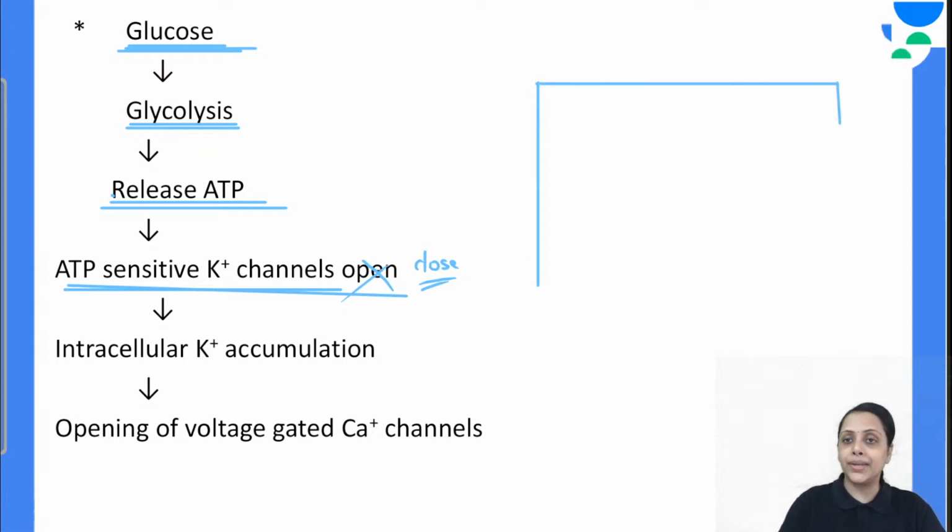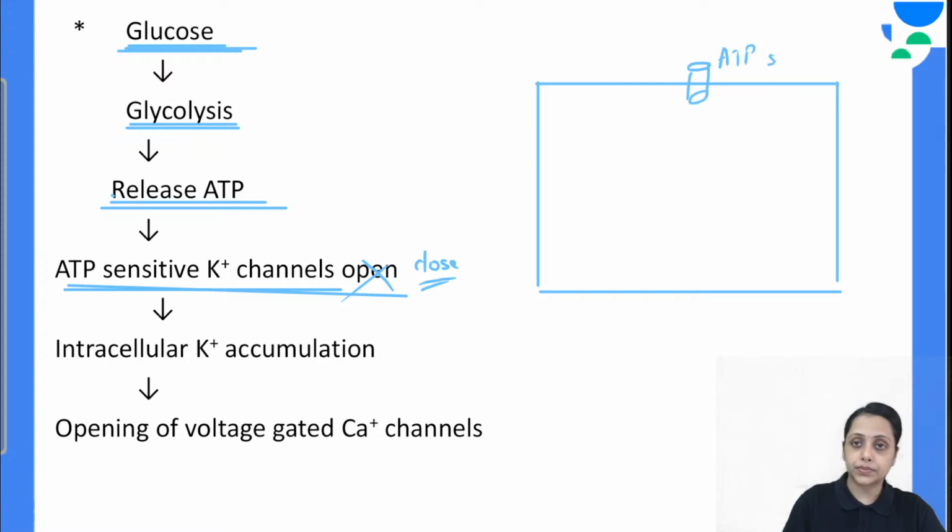Suppose this is a pancreatic beta cell and this is the ATP sensitive potassium channel. So what happened?